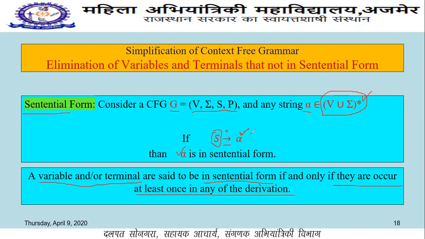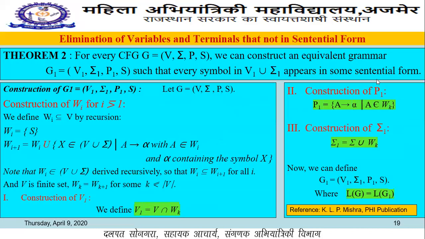So here we discuss how we construct the simplified grammar G1, that is equivalent to grammar G and contains all the variables and terminals that are used in deriving sentential forms.